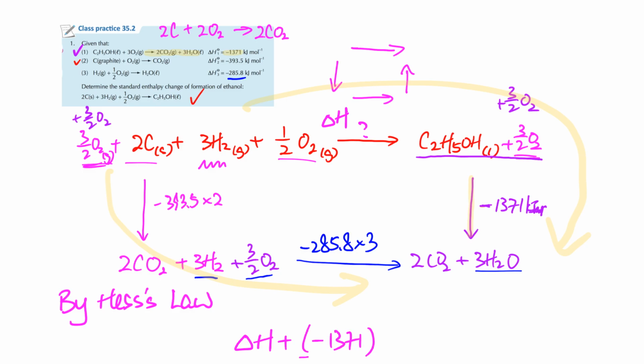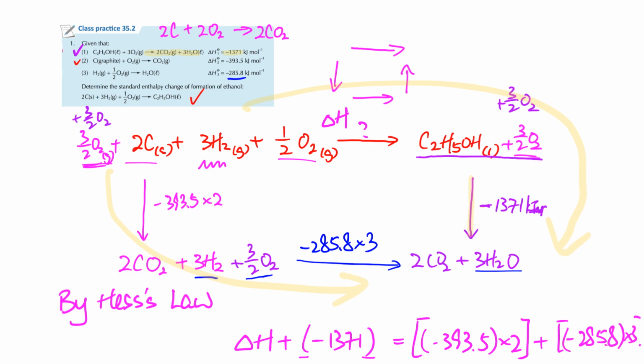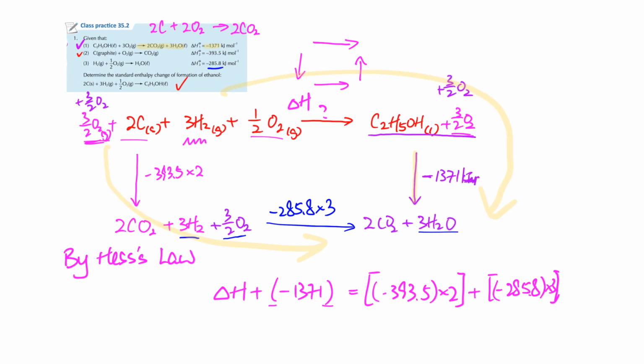Okay, you see that all the time, I put a bracket, and then delta H equals negative 393.5 times 2. So I put a larger bracket for that, plus negative 285.8 times 3. Now you just need to rearrange the equation.